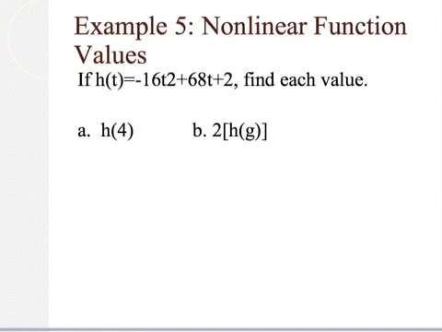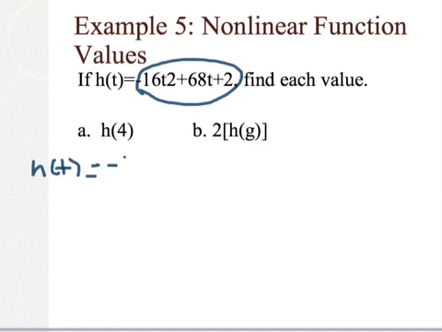Finally, we have our last example, example 5, the nonlinear equation. Now, when I do this on PowerPoint, these big 2's should be exponents. So this should read h of t is equal to negative 16t squared plus 68t plus 2.